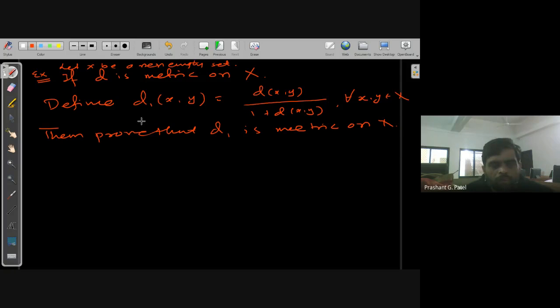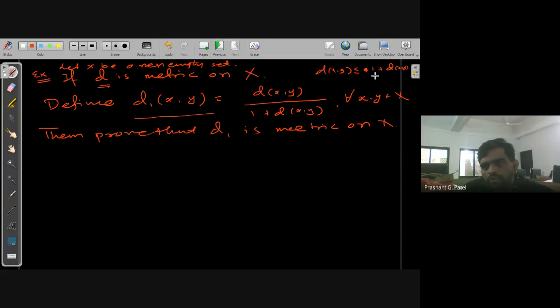From one metric that is already there, using that metric, you can define another metric on that. And this metric is always a bounded metric because this quantity is always less than or equal to 1. Because d of xy is always less than or equal to 1 plus d of xy. d of xy is always greater than or equal to 0.